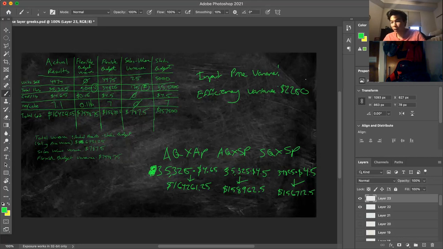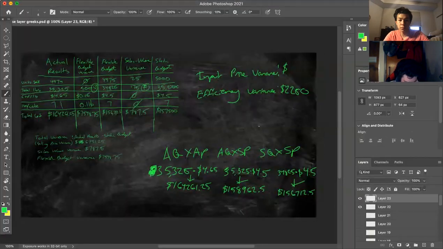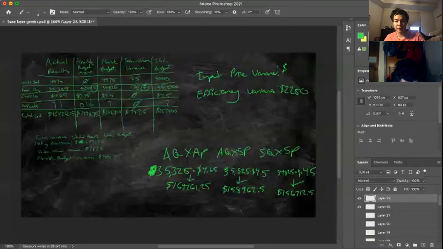And what is the input price variance? I'm just writing it down. So the input price variance, is that the AQ times AP minus AQ times SP? Yep, because the changing variable there is price, right?